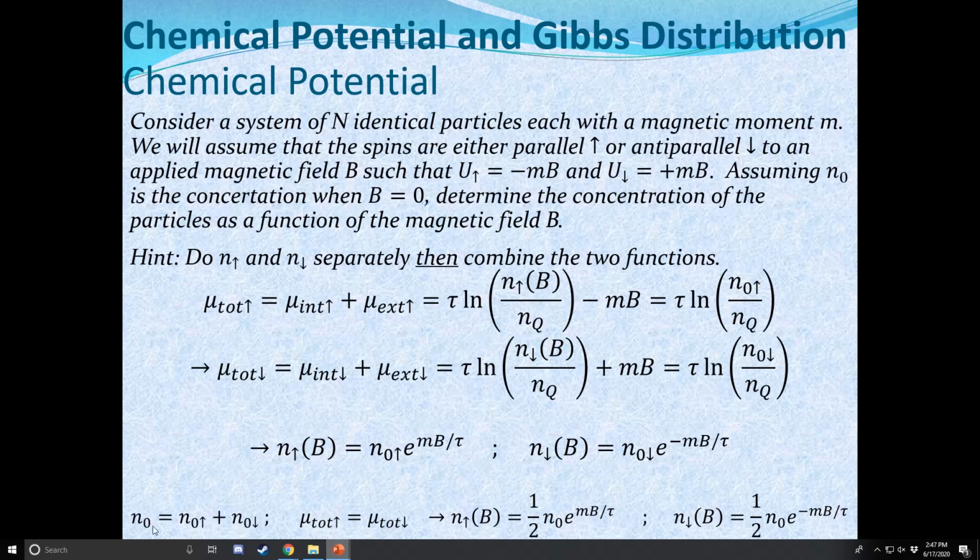Like for example, initially we know that the initial number of particles spinning up and the initial number of particles spinning down will add together to get the total number. And we know that the chemical potential of the spin up and spin down will end up being equal because it's in equilibrium. So what that means is that this can be rewritten as being 1/2 of the original number of molecules, or sorry, 1/2 of the original concentration.